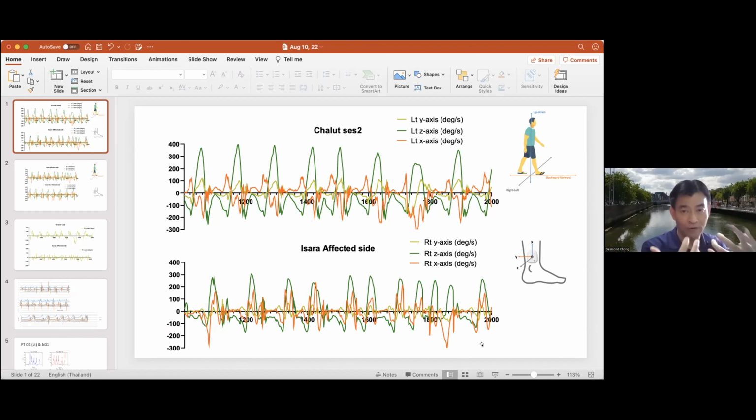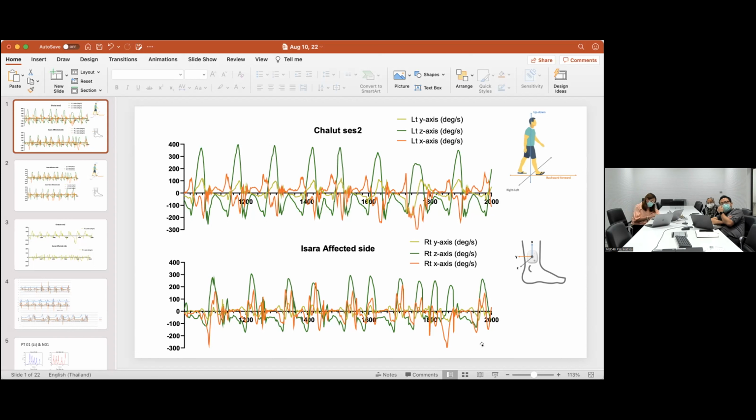You collected so many data, so maybe do a quick comparison for yourself to know that the y-axis angular velocity between healthy subjects and stroke patients is almost the same. Then you can comfortably move on to the z and the x-axis.